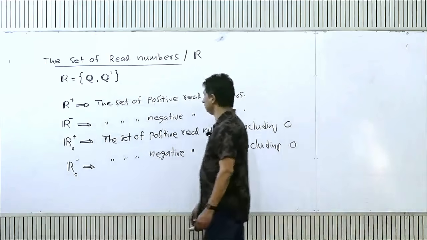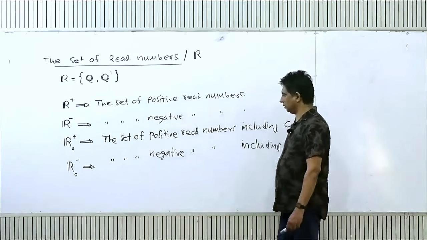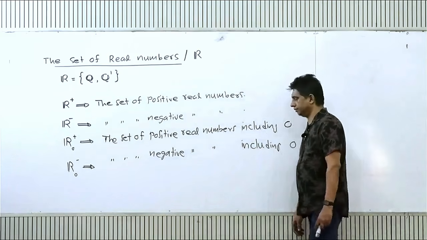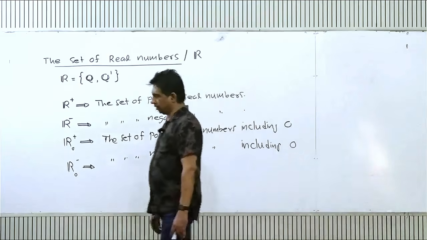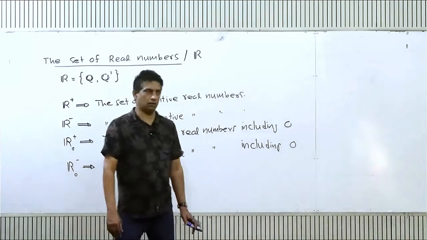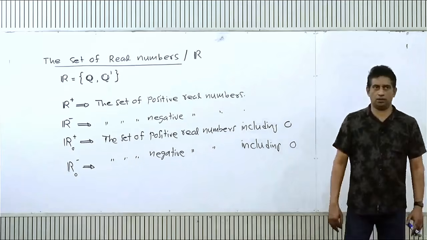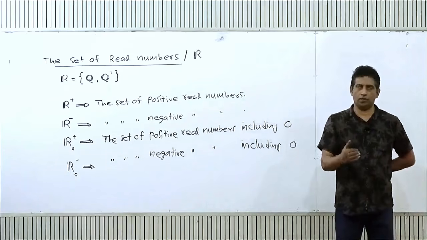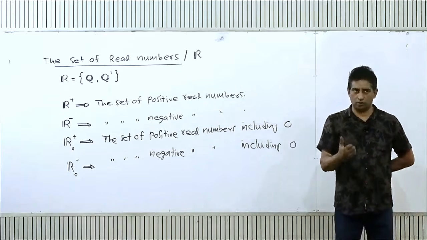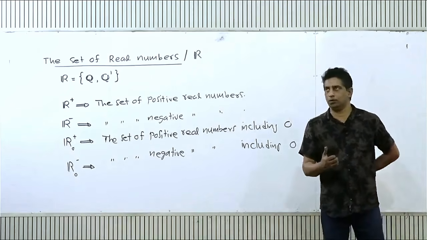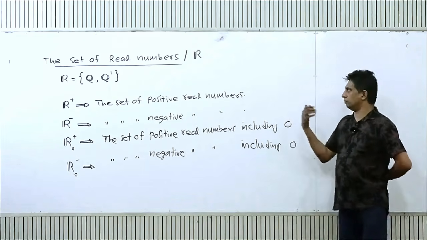This is the set of real numbers and its subsets. Now we have studied the first topic of this lesson. Under the real number lesson, the first topic we had to learn is the set of numbers.